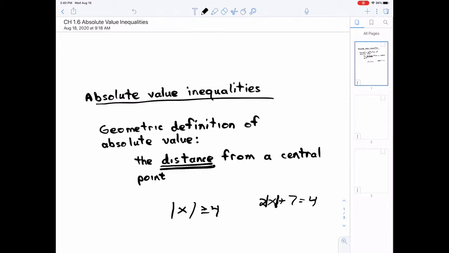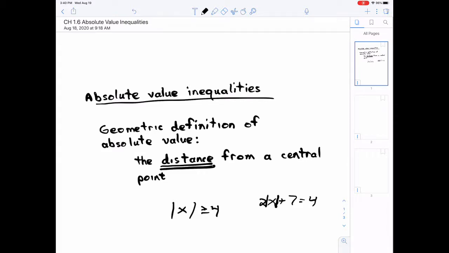Eventually I'll define a little more precisely what a linear equation is. But if it's got some sort of mathematical symbol around it besides just 2 times x or 3 times x, or even parentheses, which is not a mathematical operation, but absolute value is a mathematical operation. Since this problem has an absolute value around it, this is not a linear equation, it's an absolute value equation.